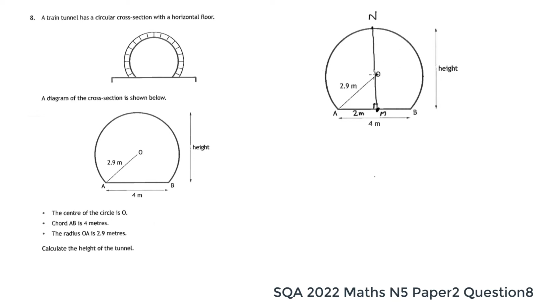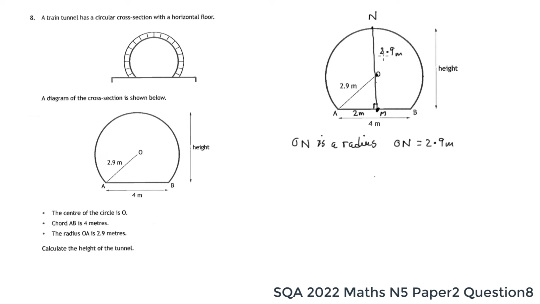And a bonus is that we've now got a right angled triangle, and we've also got a radius up at the top here. So we know that the line ON is a radius, and that means that we immediately know the length of ON. It's 2.9 meters. Well, that's useful because it means we've now got to find OM.